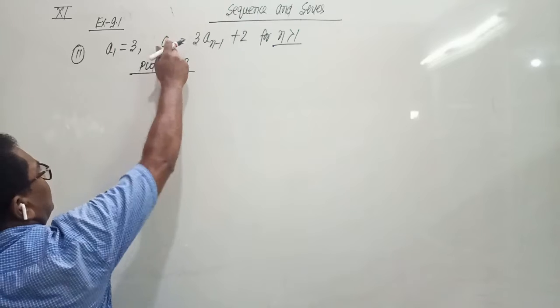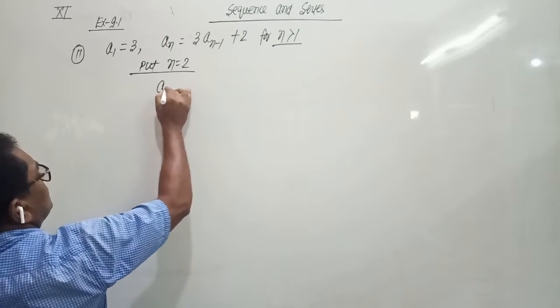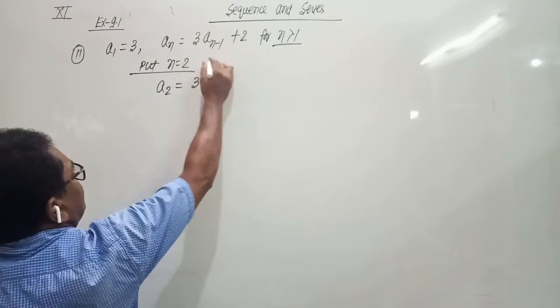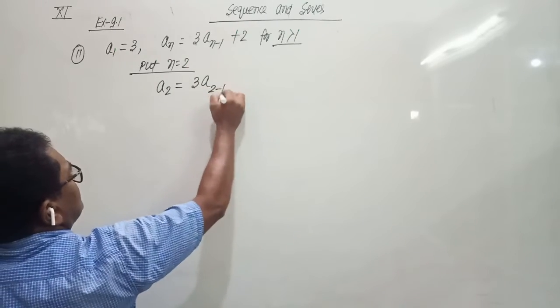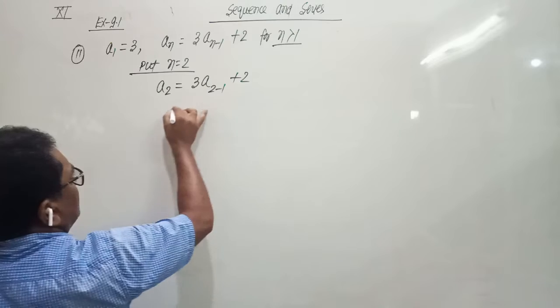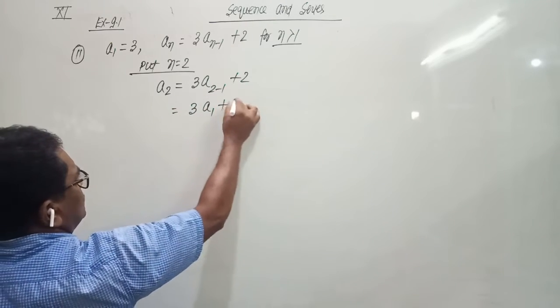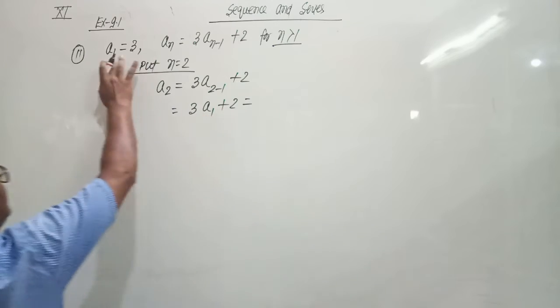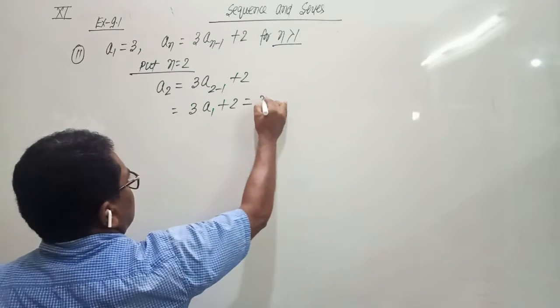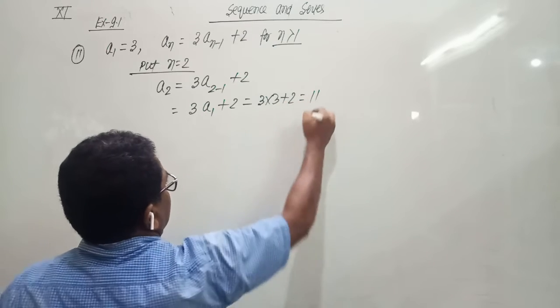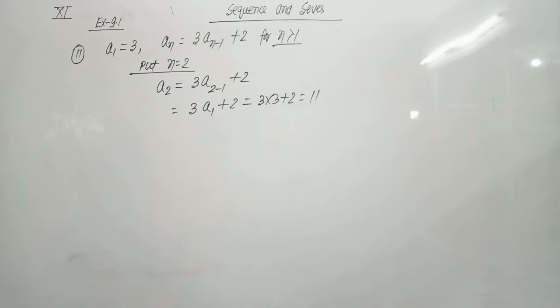So A2 equals to 3 into A of 2 minus 1 plus 2. So 3 into A1 plus 2, and the value of A1 is given 3. So 3 into 3 plus 2, that is 11. This is the first term.